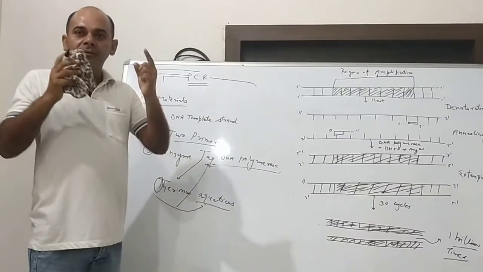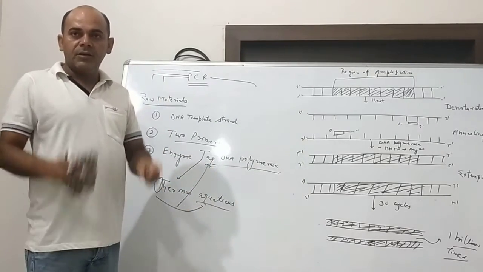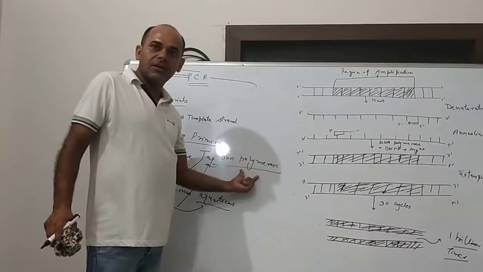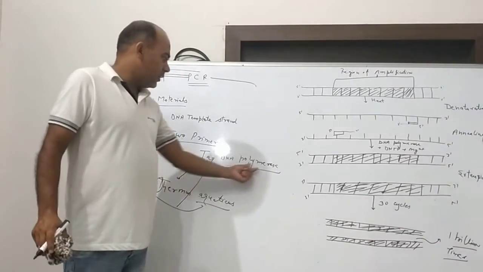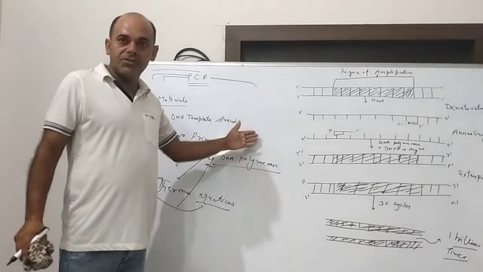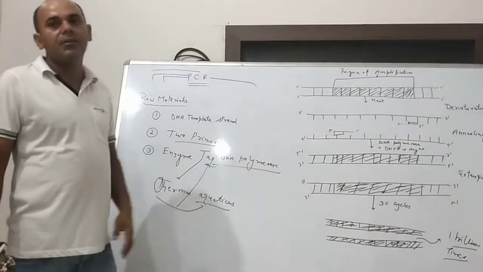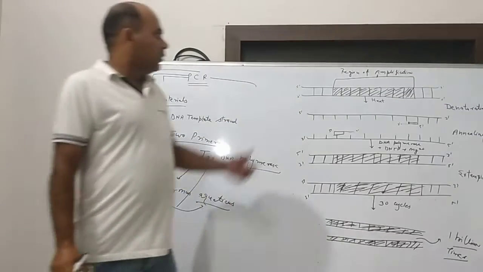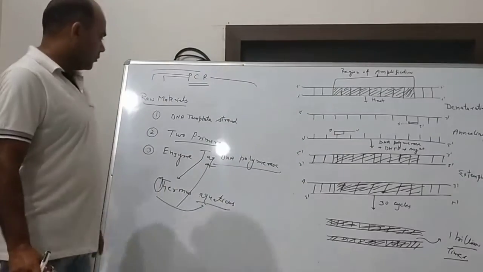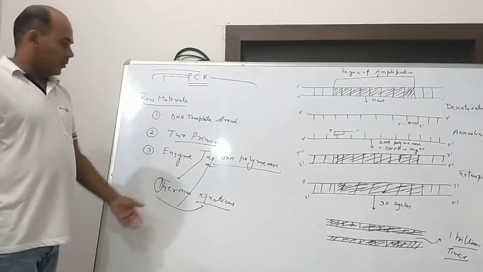To obtain multiple copies of a desired piece of DNA. This is the name of the enzyme, which is called Taq DNA polymerase, because it is involved in polymerization. Because we want to make multiple copies of a particular segment of DNA, a particular gene of interest. So this is the enzyme.